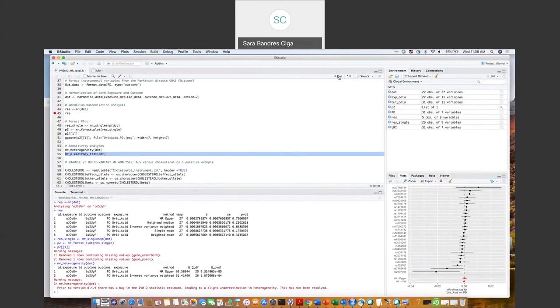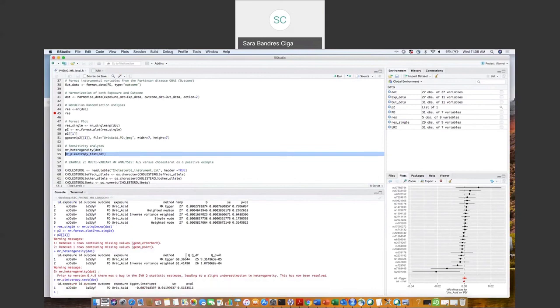And you can also run another type of pleiotropy test to see if there are a lot of SNPs within your instrument that are associated with Parkinson's disease through different mechanisms than through uric acid. Maybe this is a bit abstract to understand, but I can give an example.